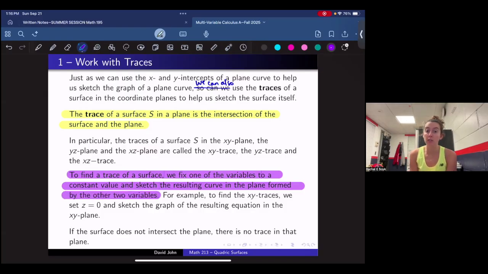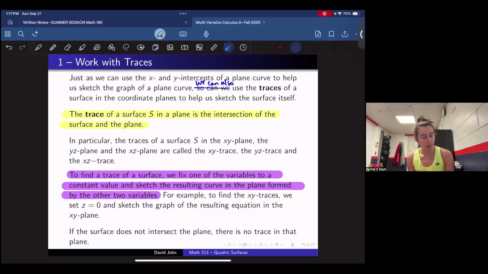So if we wanted to find, for example, our XY trace, that missing variable z, we set z equal to a constant value. 0 is a relatively simple one to deal with. And then we sketch the graph of the resulting equation in that XY plane. So we'll be practicing that a lot in our first example, which is on our next slide.